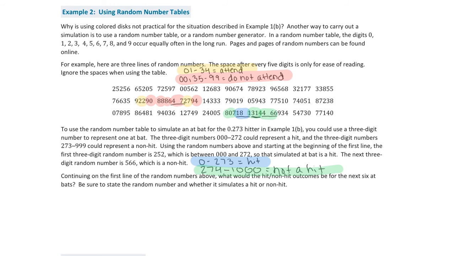And then finally, let's do one more. We have 934, and again, that's going to be between 274 and 1,000, so we can highlight that one green as well. Okay. So this is kind of what the percentage would look like if we were going up to bat and we used a number line to help us calculate that.